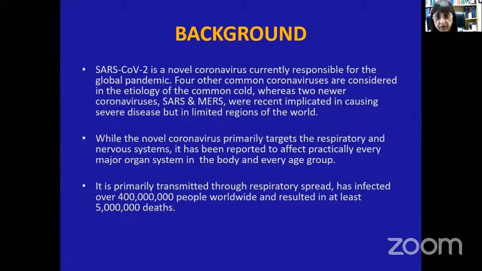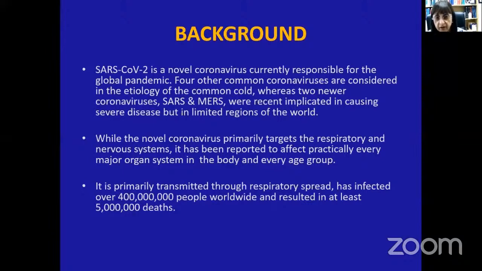SARS-CoV-2 is a novel coronavirus currently responsible for the global pandemic. 4 other common coronaviruses are considered in the etiology of the common cold, whereas 2 newer coronaviruses, SARS and MERS, were recently implicated in causing severe disease, but in limited regions of the world.